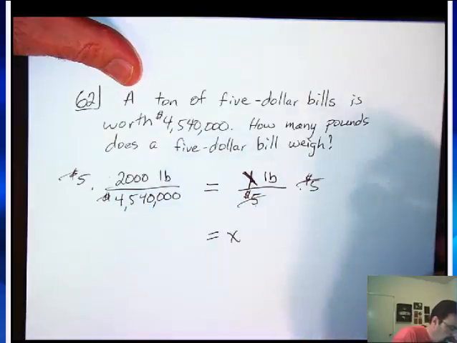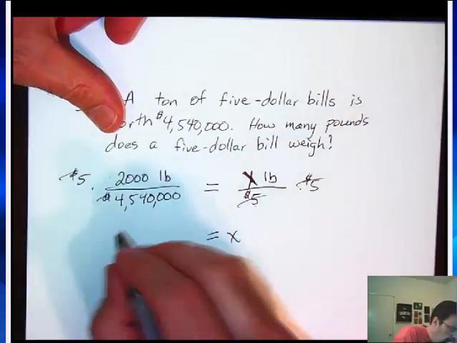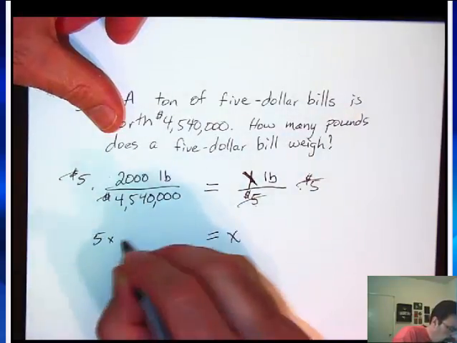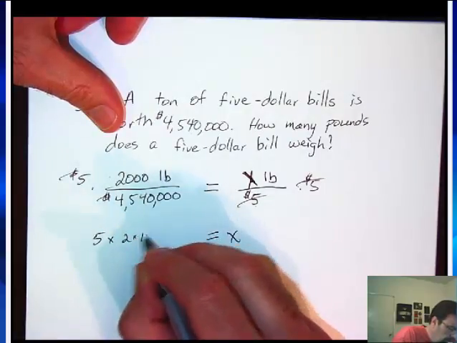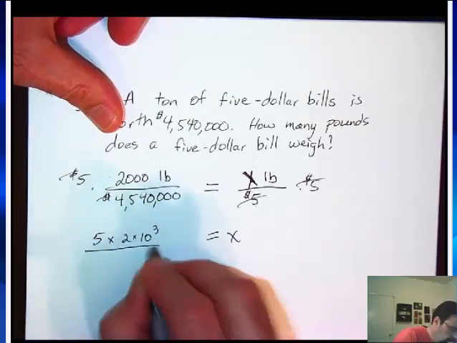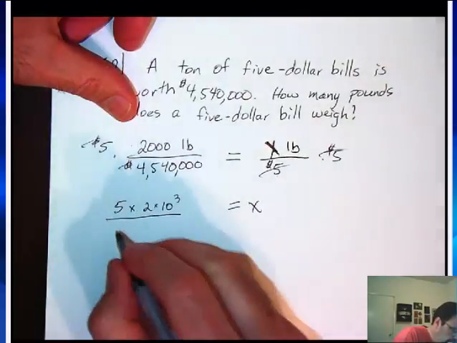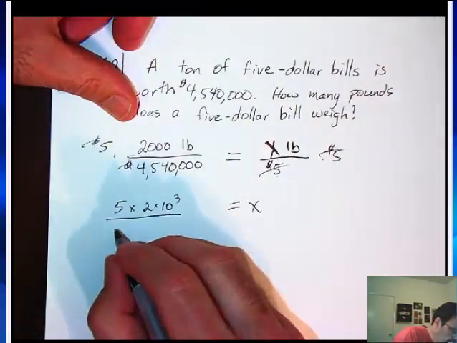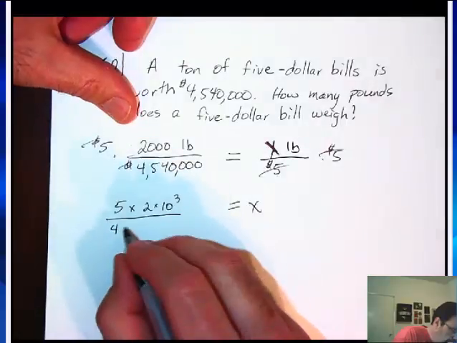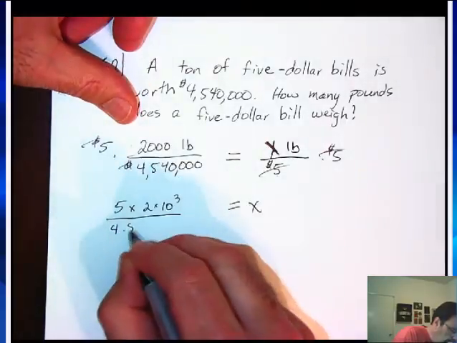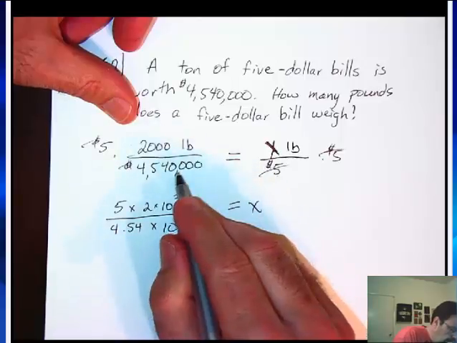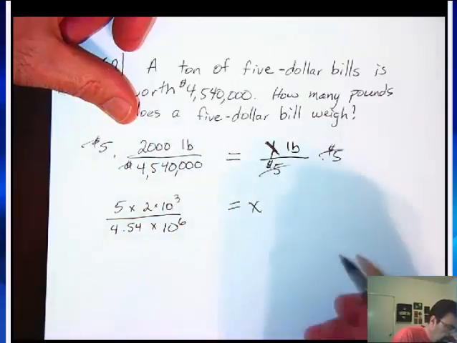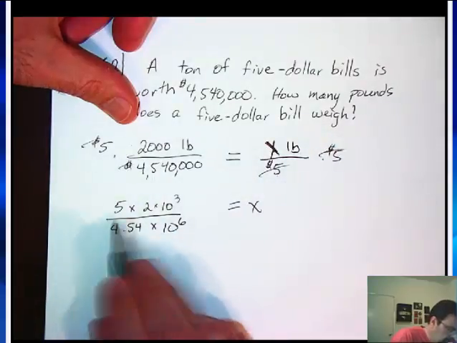And X will be equal to 5 times 2,000, which is 10,000.